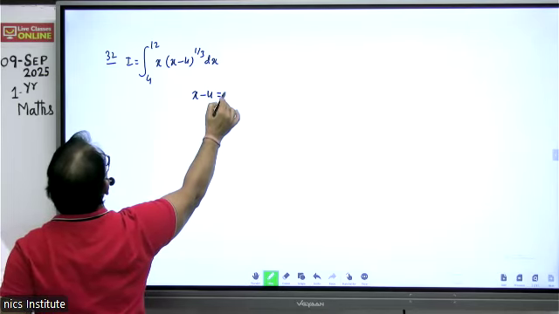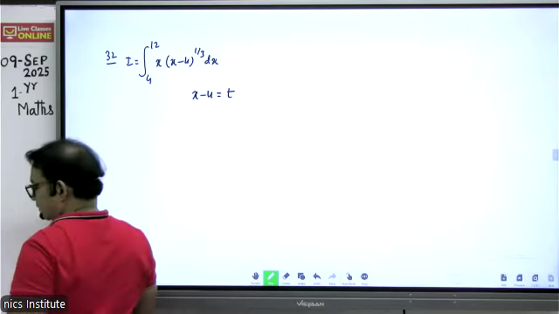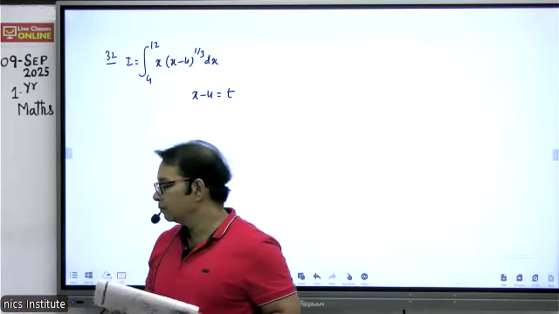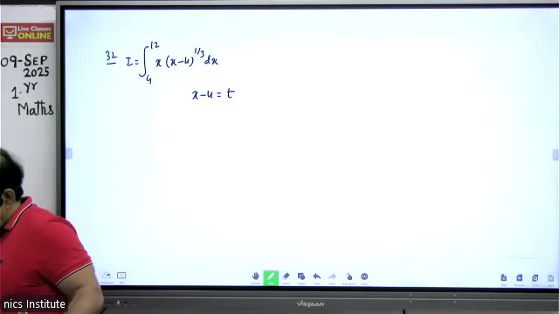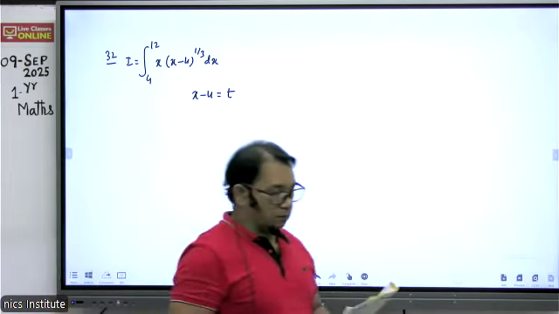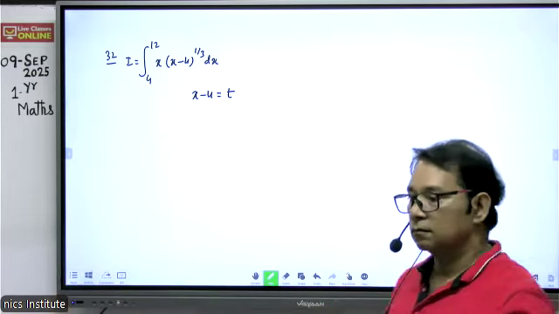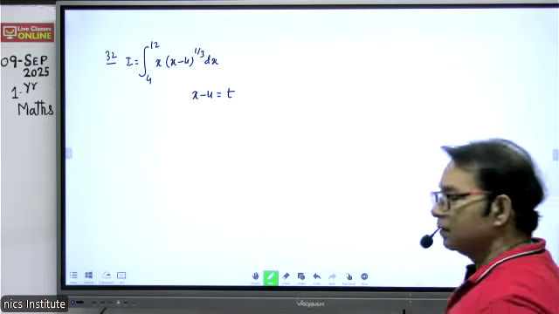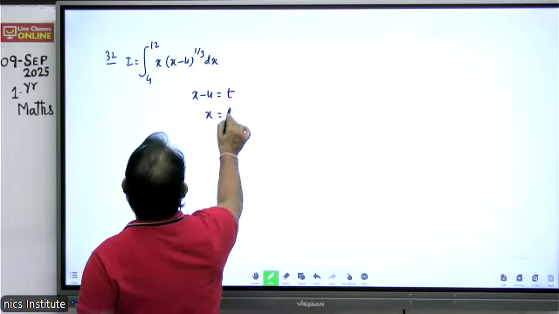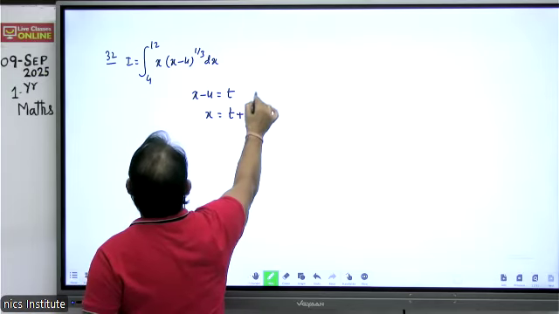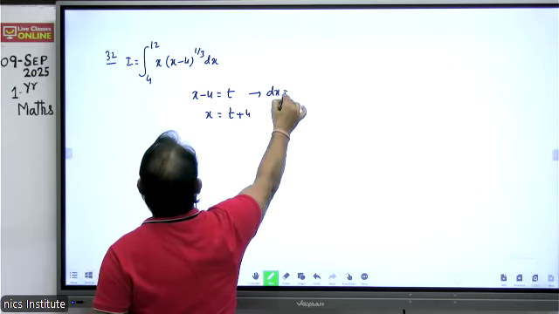Let's take x minus 4 as t. Why waste time on by parts? x is equal to t plus 4. So when you differentiate, dx is equal to dt.